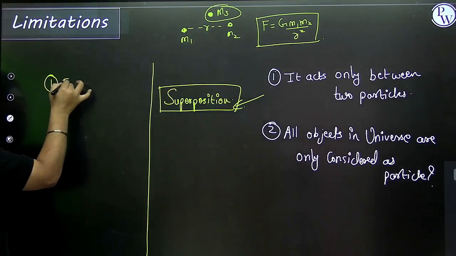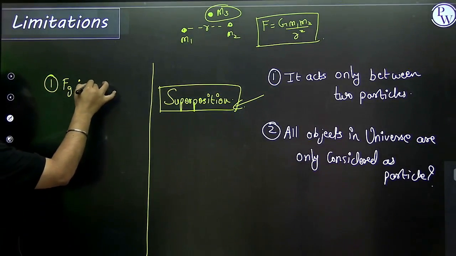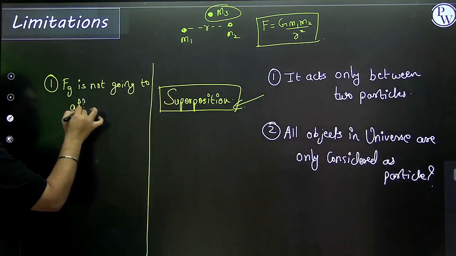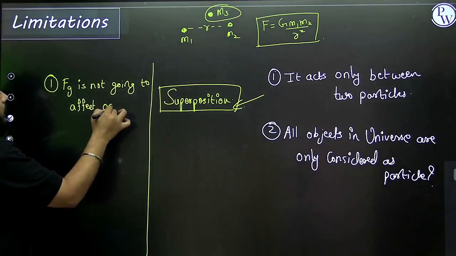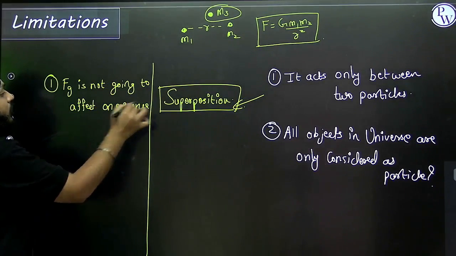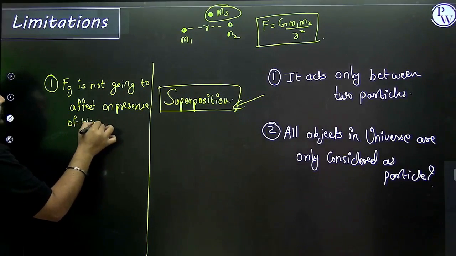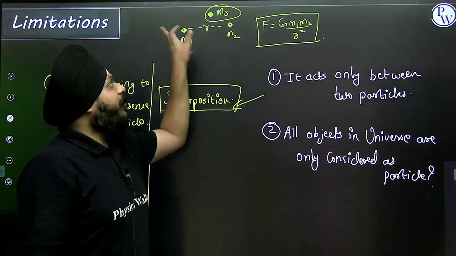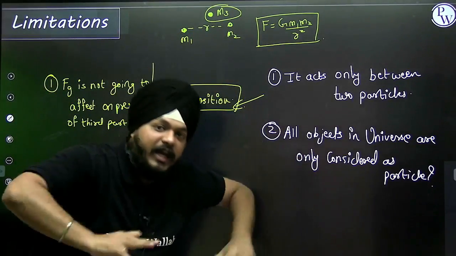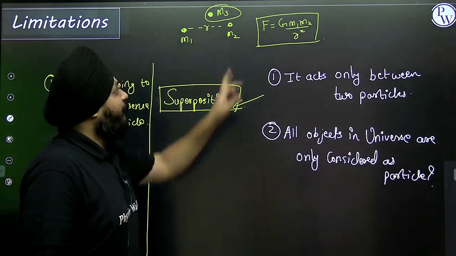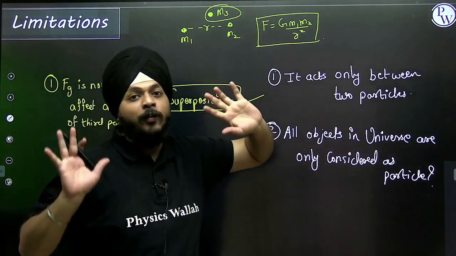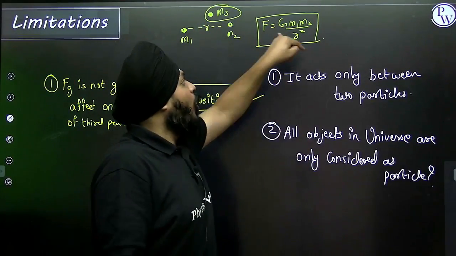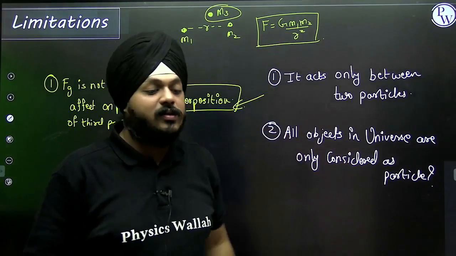First point, the gravitational force between two particles is not affected by the presence of a third particle. The force between these two, F12 or F21, is going to be the same in magnitude unless their masses or their distance change.